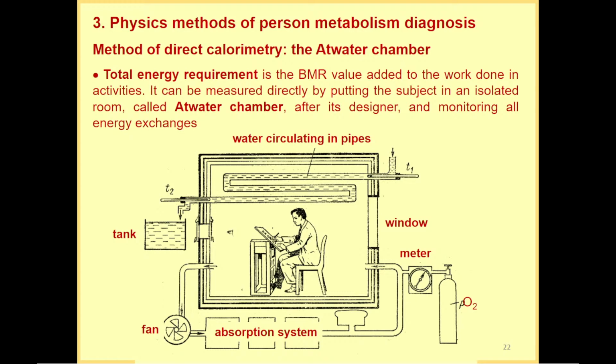So consequently, to summarize, the heat energy released by the human organism and the amount of work the organism does becomes the energy consumption, and this is the information on how much energy is required for that particular individual person to be involved in one or another kind of physical activity.